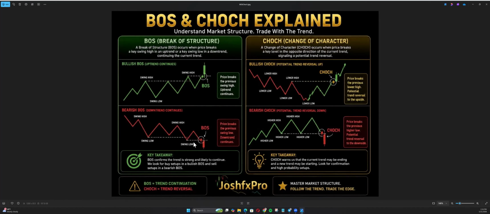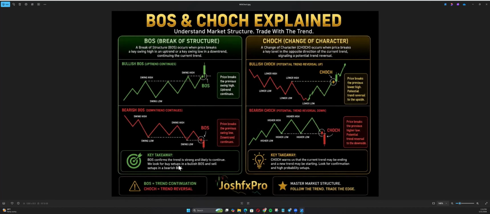So if it's an uptrend, the more higher highs market makes, the more break of structures it is giving you. So it's breaking the initial highs. Those highs are the structures that were put in the market. So when market breaks it, it is called the break of structure. So break of structure confirms the trend is strong and likely to continue.